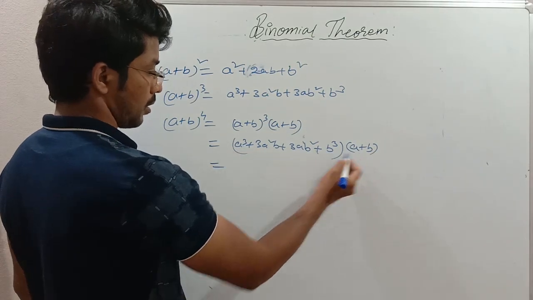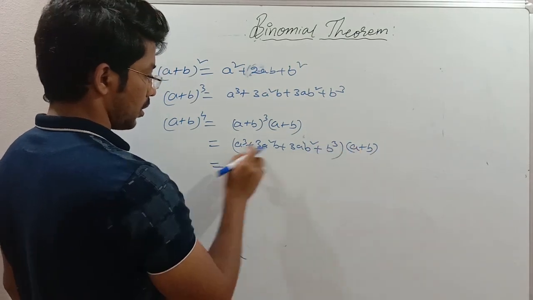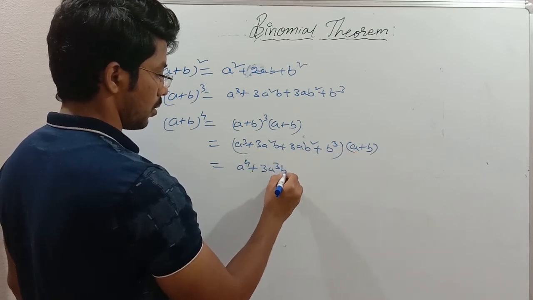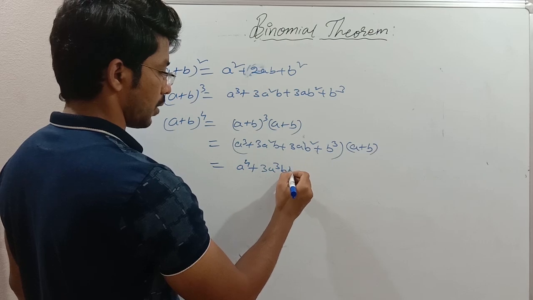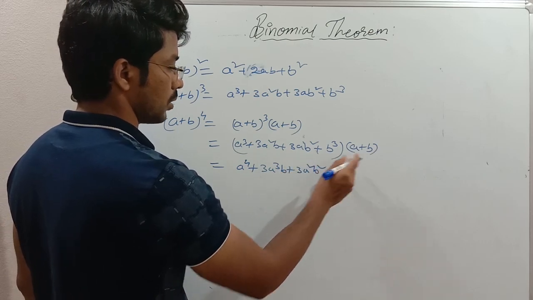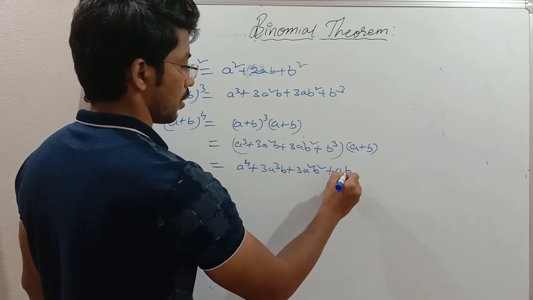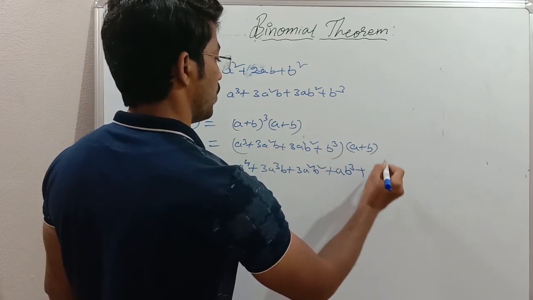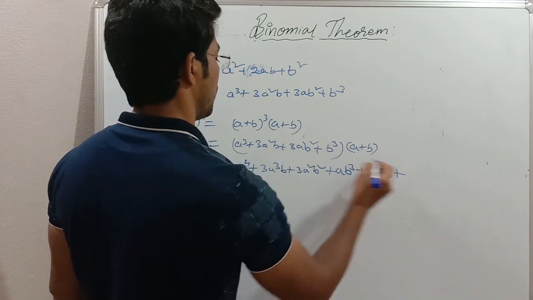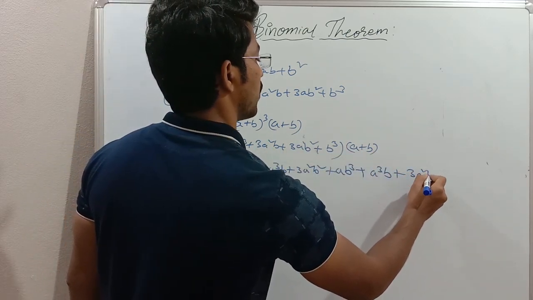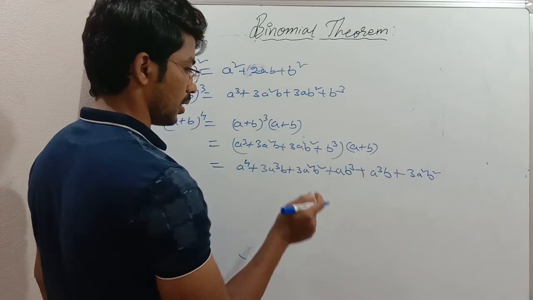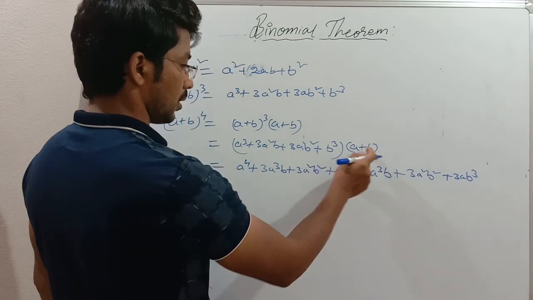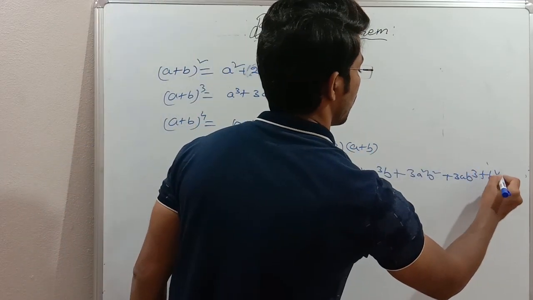Now multiply: a into a cube is a power 4, a into 3a square b is 3a cube b, a into 3ab square is 3a square b square, a into b cube is ab cube, plus b into a cube is a cube b, b into 3a square b is 3a square b square, b into 3ab square is 3ab cube, plus b into b cube is b power 4.